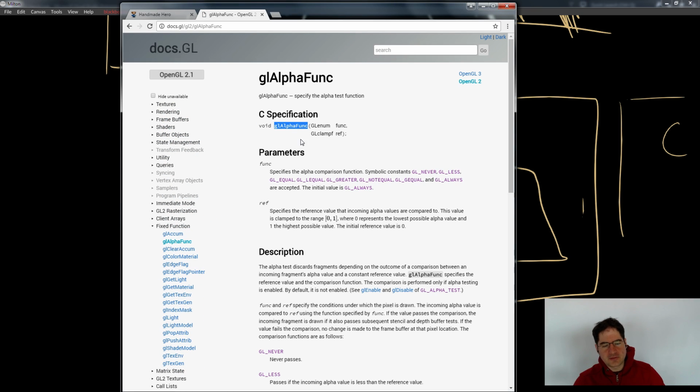So what GL alpha func does is it says, all right, in addition to testing against the Z buffer to determine whether I should draw, I'm also going to test against the incoming alpha value. So if the incoming alpha value of my sprite doesn't meet a certain threshold, which I can set up with the equation here, I'm not going to draw it.